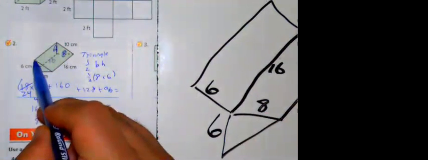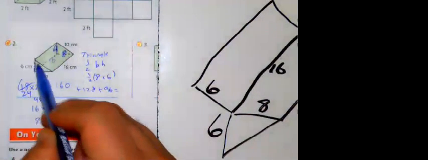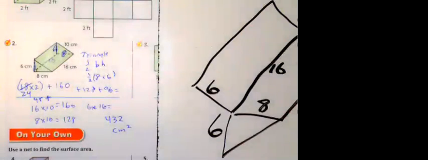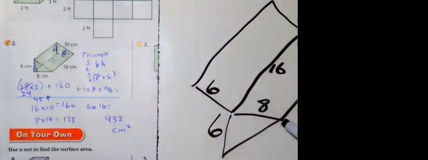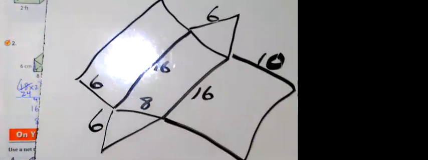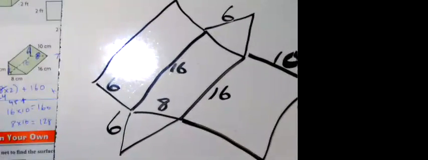Let's see this line right here? That's part of that triangle. Now, what about the top part? Let's take this top and let's fold it to the right. And we know that this side is going to be 10. So if you're going to take this and fold it up, you should have this object right here.